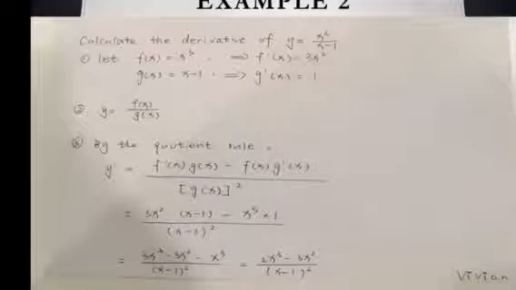By the quotient rule, we can get y dash equals f dash x times g(x) minus f(x) times g dash x, divided by the square of g(x). So the expression can be written as 3 times x squared times (x minus 1) minus x cubed times 1, divided by the square of (x minus 1).